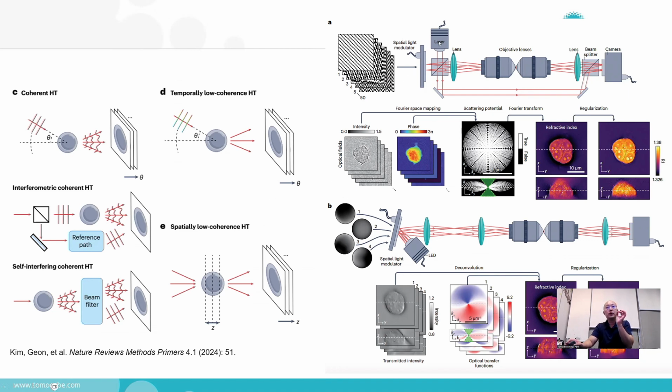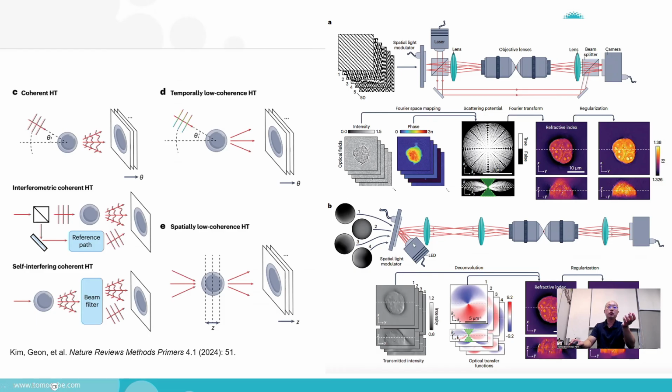You can use a laser beam and a Mach-Zehnder interferometric system where you can measure spatially modulated holograms as a function of illumination angles, and then you can retrieve the three-dimensional distribution of refractive index by applying the diffraction theorem to get the three-dimensional distribution of scattering potential.